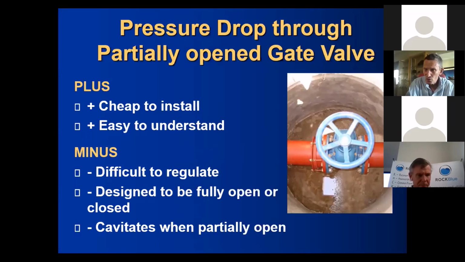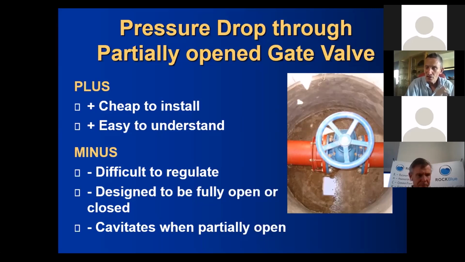A more common approach, and one which we don't recommend at all, is to use a gate valve where you throttle the valve. This is often used to reduce pressure in systems by operators within the water companies. It is not advisable. Gate valves were designed to be either fully open or fully closed.